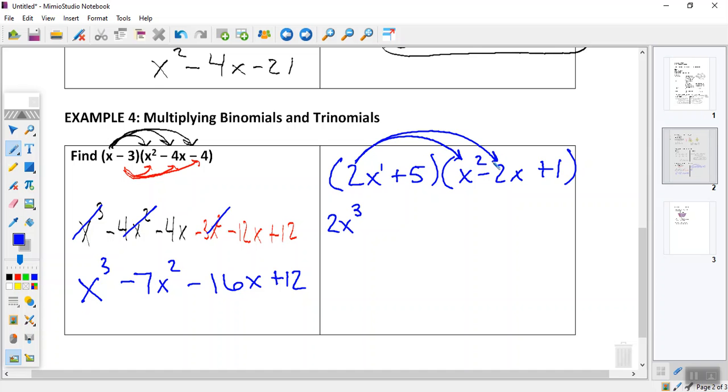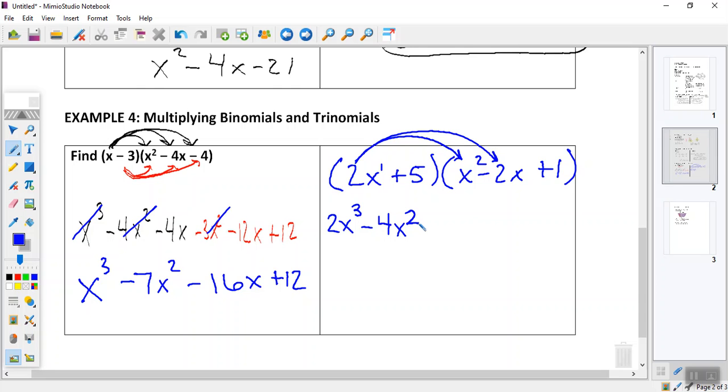Positive 2 and negative 2 would be minus 4, wouldn't it? And then x times x would be x squared, so minus 4x squared. Am I right so far?